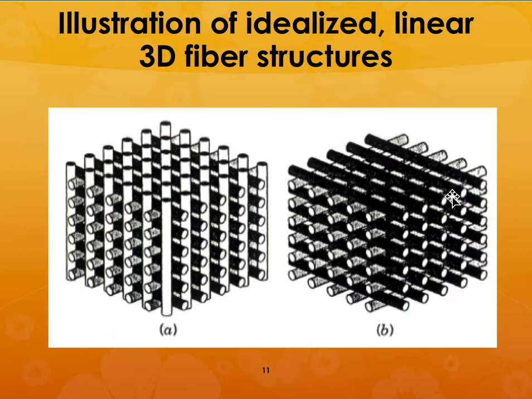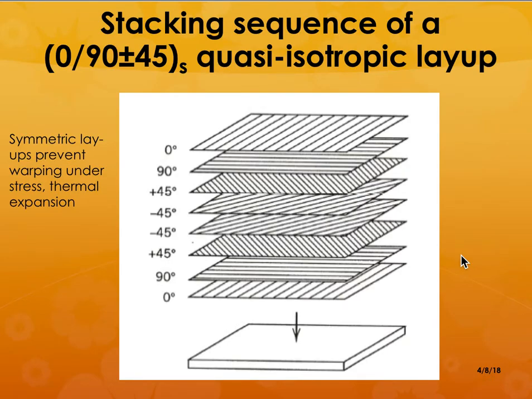And it may not always have the proper properties in all the different directions. It may have very isotropic properties, but the properties in certain directions may not be what you are really wanting it to have.